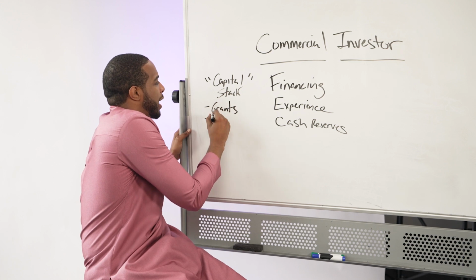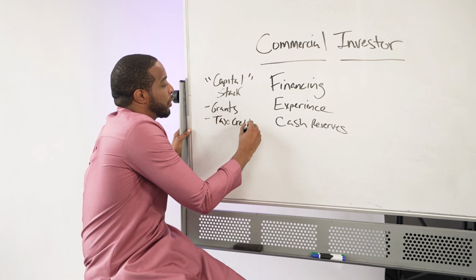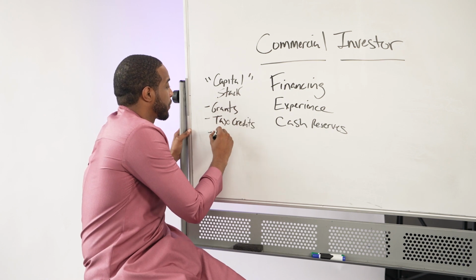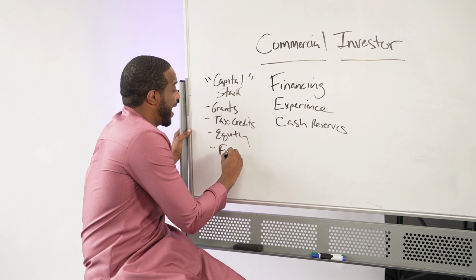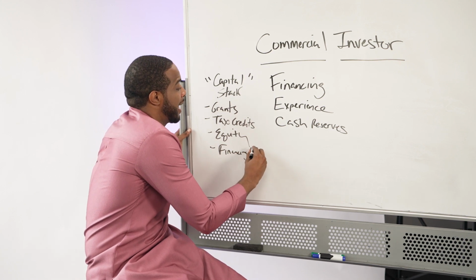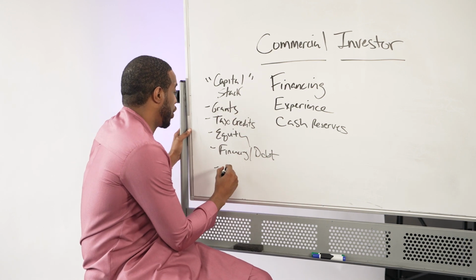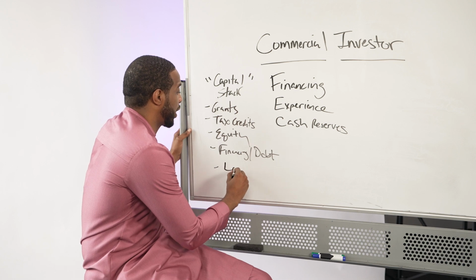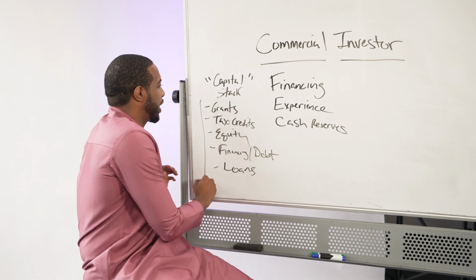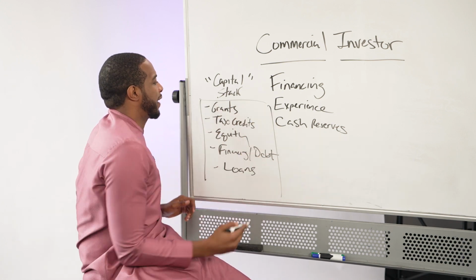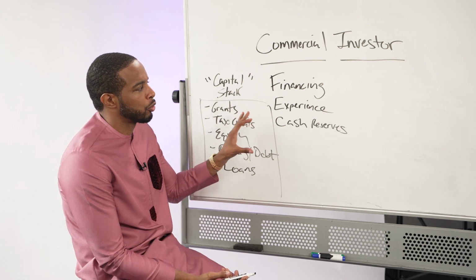Grants can go in your capital stack, tax credits can go in your capital stack, the liquidation of tax credits, equity from partners or from yourself, your debt or financing. We call that the debt, and that goes into your capital stack as well. Any other private loans you might get, promissory notes, etc. All those things are in what's called your capital stack for your commercial investments. It can be used for residential as well, but typically you see it in the commercial space.